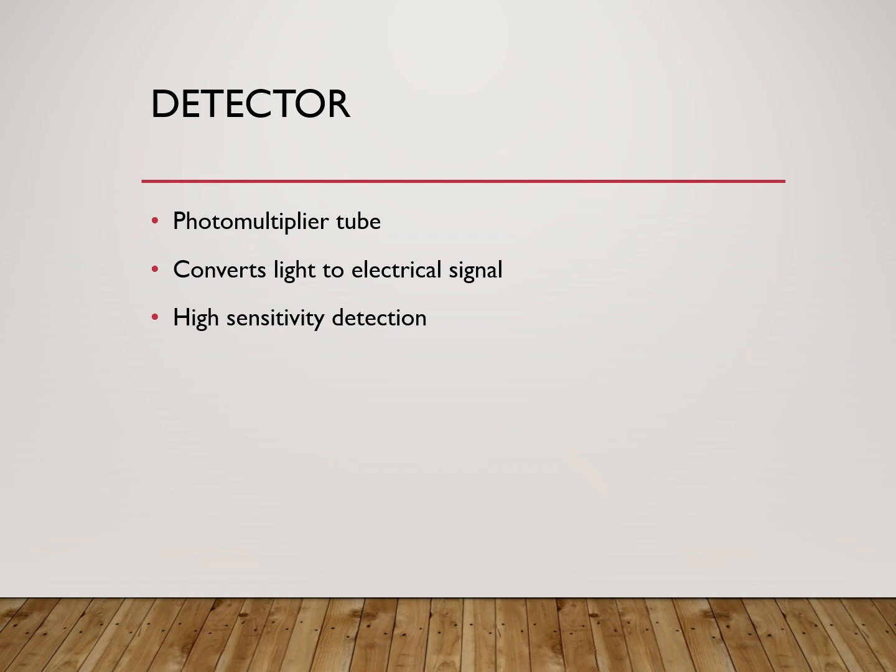So the detector here is a photomultiplier tube that converts the radiation into an electrical signal. The intensity of the signal is directly related to the amount of absorbed radiation, and this photomultiplier tube has high sensitivity.